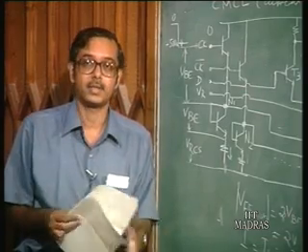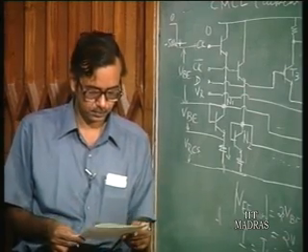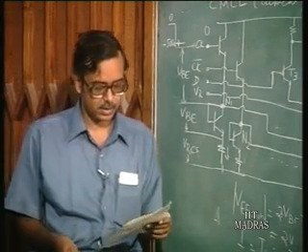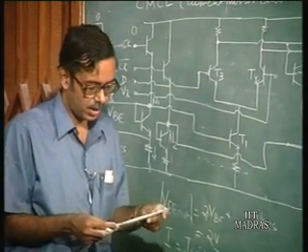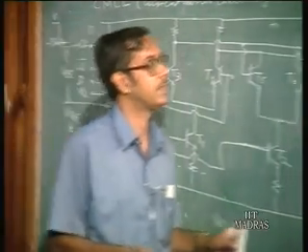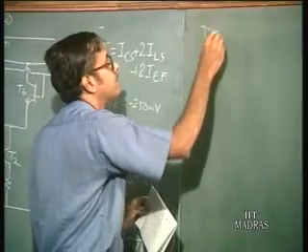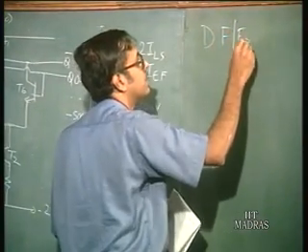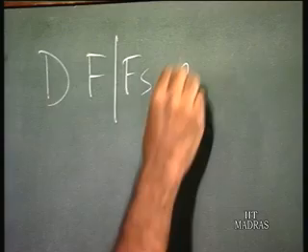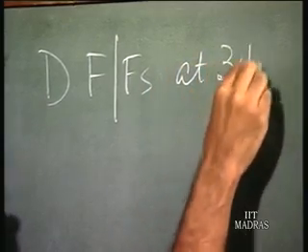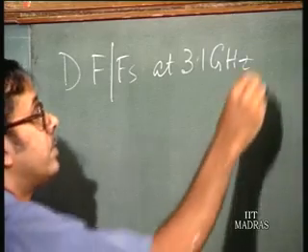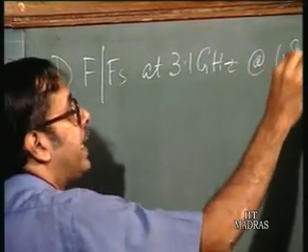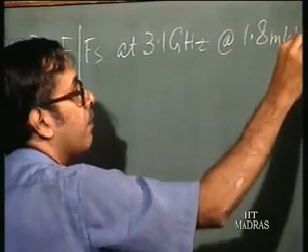In fact, in that paper, they have given some results. They have fabricated D flip flops operating at 3 gigahertz clock frequencies, drawing power at 1.8 milliwatts per flip flop.